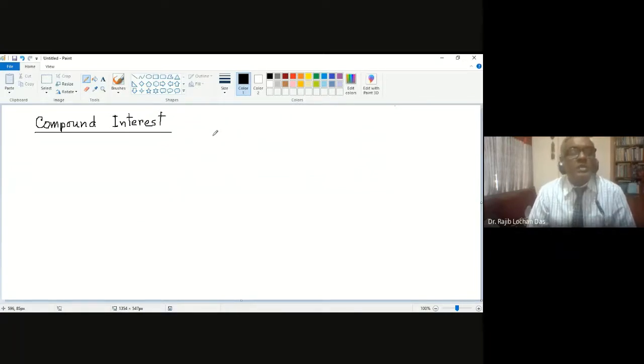The other practice sheets are already given in the module: set theory, arithmetic progression, geometric progression. You can download them and do the problems at home, and if you have a problem, you can come back in the review class. Tomorrow I will finish all the topics, and after that you will have the review class.